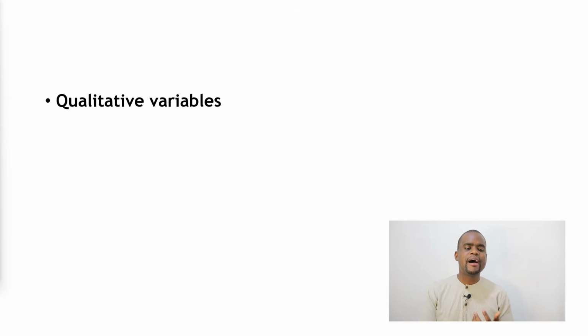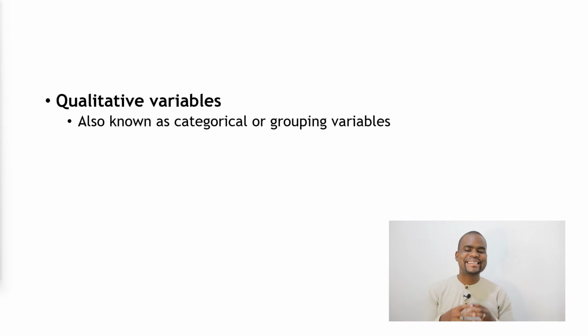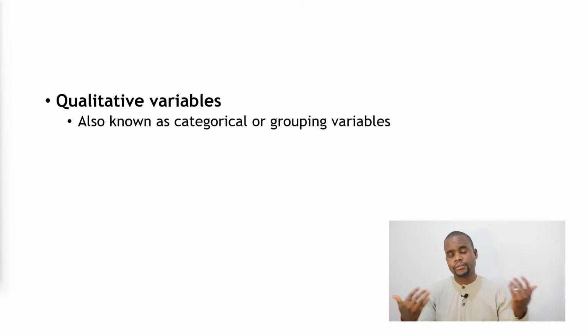So qualitative variables are also known as categorical or grouping variables. The reason they're called categorical is because they mostly put people into categories. So for example, if we're saying marital status, we have people who are single and people who are married. So basically you have those two specific categories there. Or we can also call them groups.